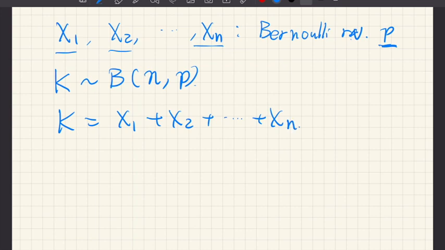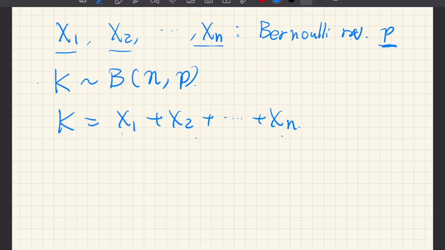If x1 is 1, that means a head. If x1 is 0, that means it's a tail. So if you add all the ones, and zeros are just zeros, the sum will represent the number of heads in n flips. So that is the binomial random variable.